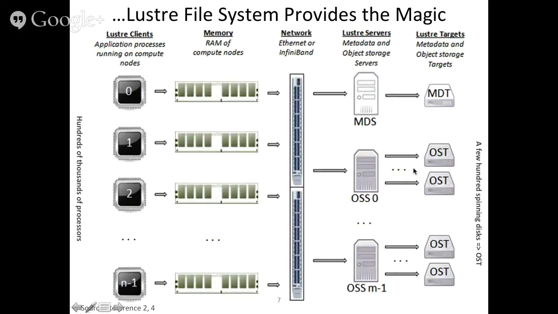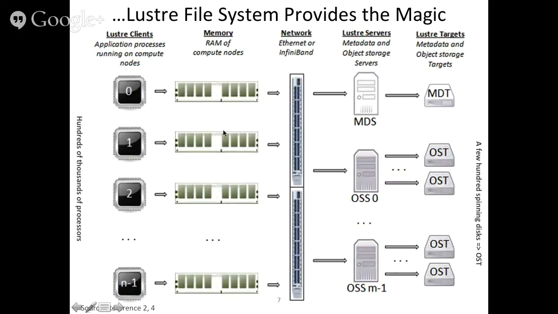Now let's move towards the left-hand side of the diagram. There's a network. These MDS and OSS are connected to the rest of the compute nodes through a network, which could be Ethernet or InfiniBand, let's say. On Stampede, we have all InfiniBand. Then, if you go further towards the left-hand side, you would see the compute nodes and the RAM of the compute nodes.